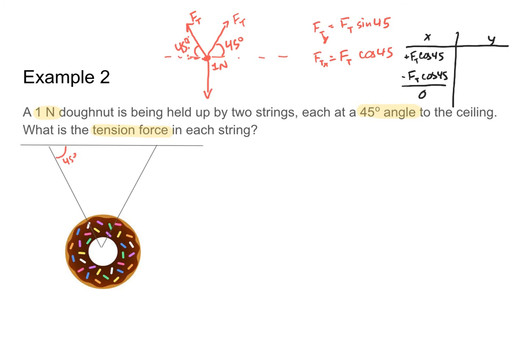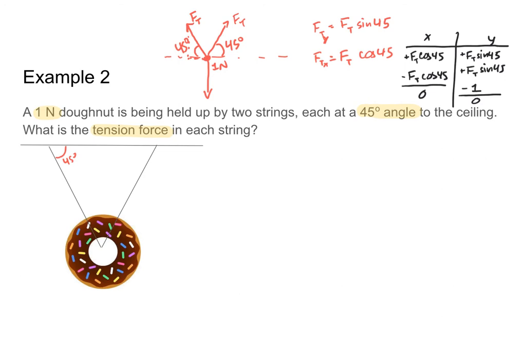Summed together, that is going to give me a total force of 0. Similarly, in the y direction, I have the force of tension times the sine of 45 from my first string in the positive direction. I have the same for my second string in the positive direction. And I have the force of gravity going in the negative y direction. And again, those forces are going to sum to 0.